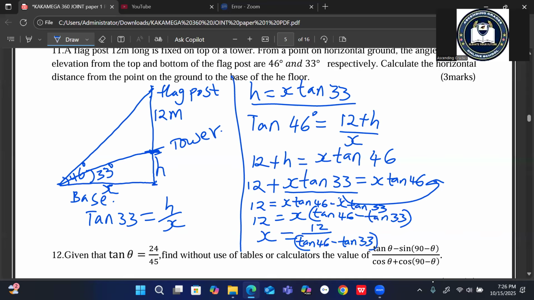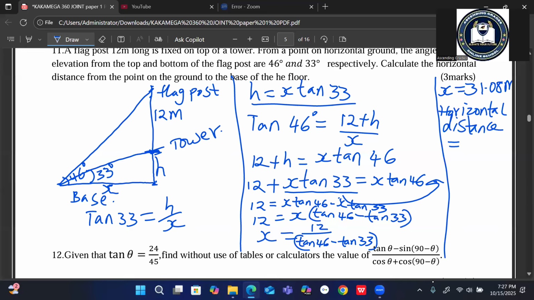When you divide that, you get x as 31.08 meters. So the horizontal distance is 31.08 meters. That is the solution of that question.